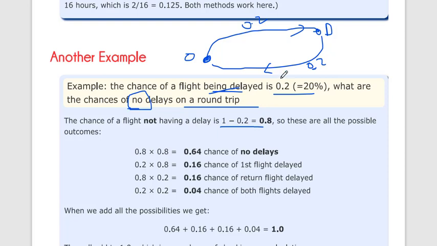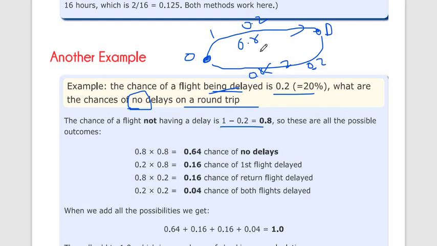Now for the round trip, there is a 0.8 chance that it will not be delayed, and here also a 0.8 chance. Both of these are independent events. Yes, if the flight is delayed on the first trip, after the return it may not be delayed; that can happen. It does not depend on the outcome of the previous result, so it's an independent event.